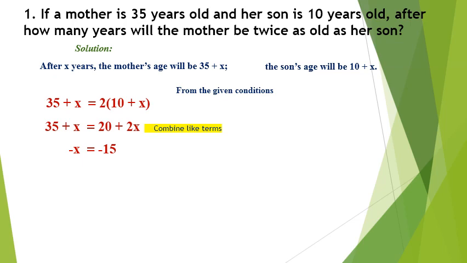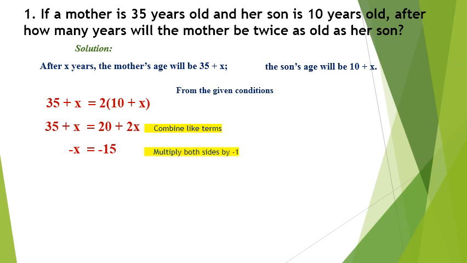And of course, we will have to transpose as well the positive 2x into the left side of the equal sign, which now makes it negative 2x. So negative 2x plus x, or x minus 2x, is equal to negative x. So we now have negative x is equal to negative 15.